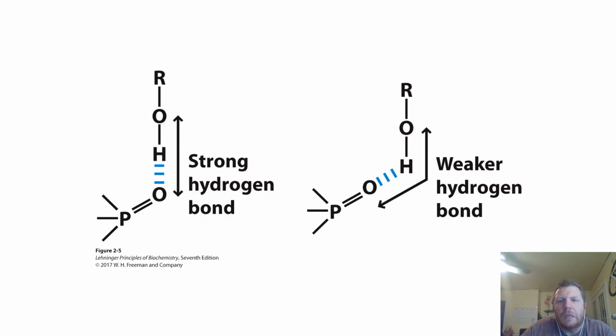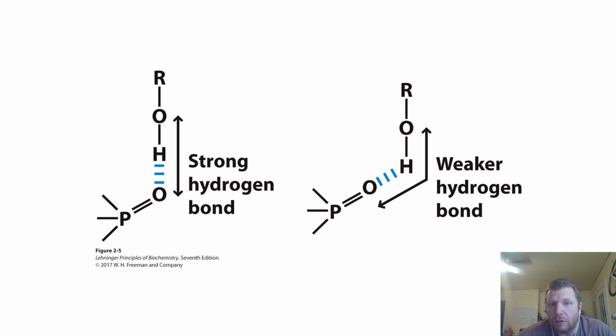Okay, so here's a demonstration of a strong hydrogen bond compared to a weaker hydrogen bond. This strong hydrogen bond is highlighted by this water molecule, with these atoms being in a straight line compared to these atoms being at a slight curve. Now you might look at this and say, I don't really understand the difference.